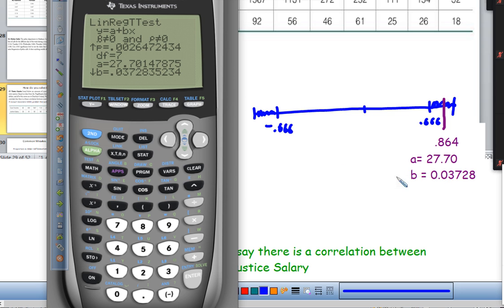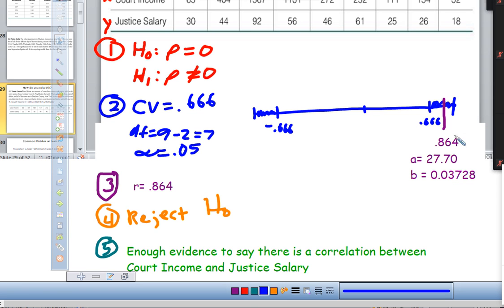Then keep arrowing down, and there's my R. R squared, incidentally, is roughly the percent of points that match up pretty well with the line, so about 75% of the points go along with the line fairly well. My R is 0.864.